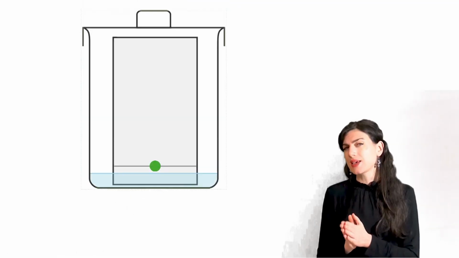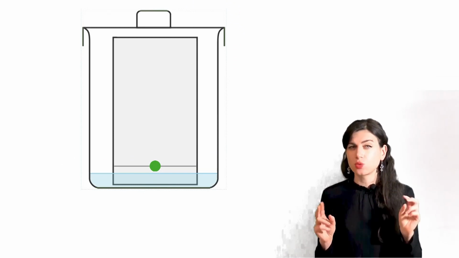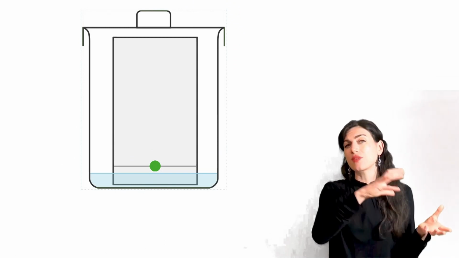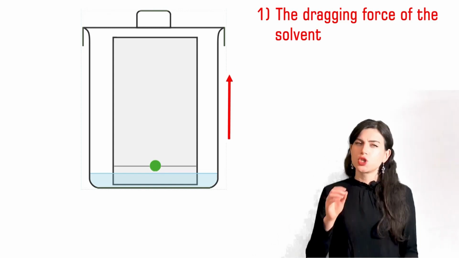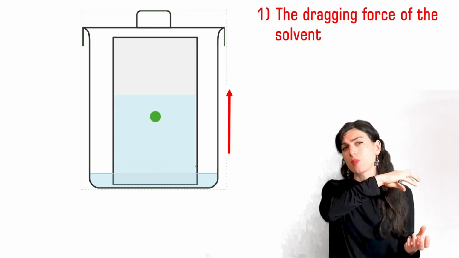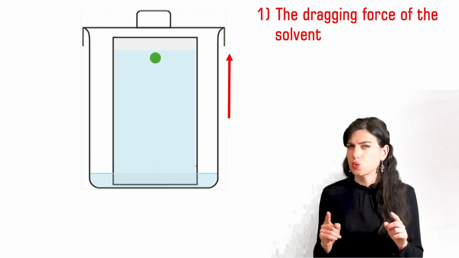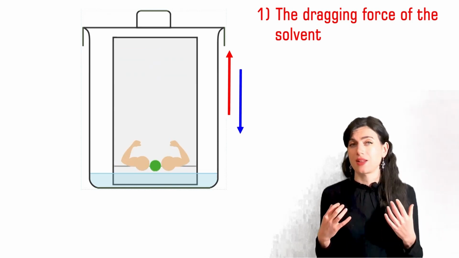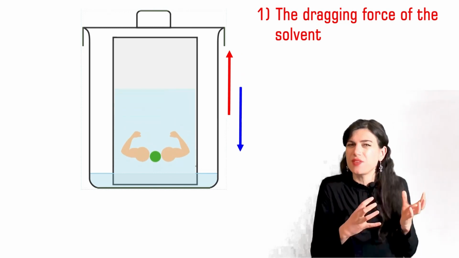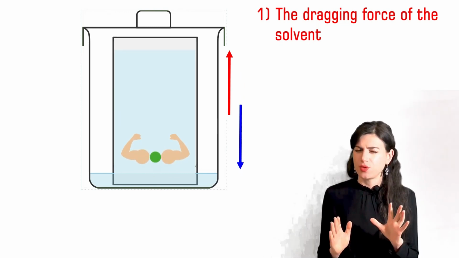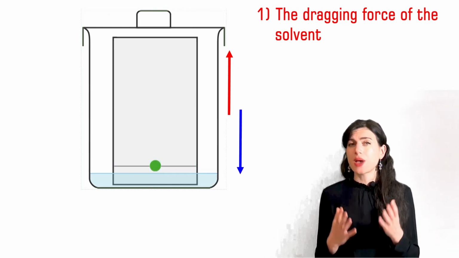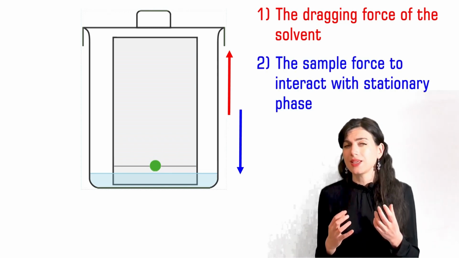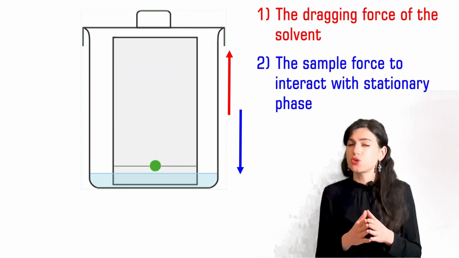The sample in this case is subjected to 2 forces. An external force from the solvent, which wants to carry our sample upward, dragging it towards the top, and the other force is from the sample itself, resisting this behavior of the solvent. Crazy behavior. The sample's resistance depends on how strongly it interacts with the stationary phase.